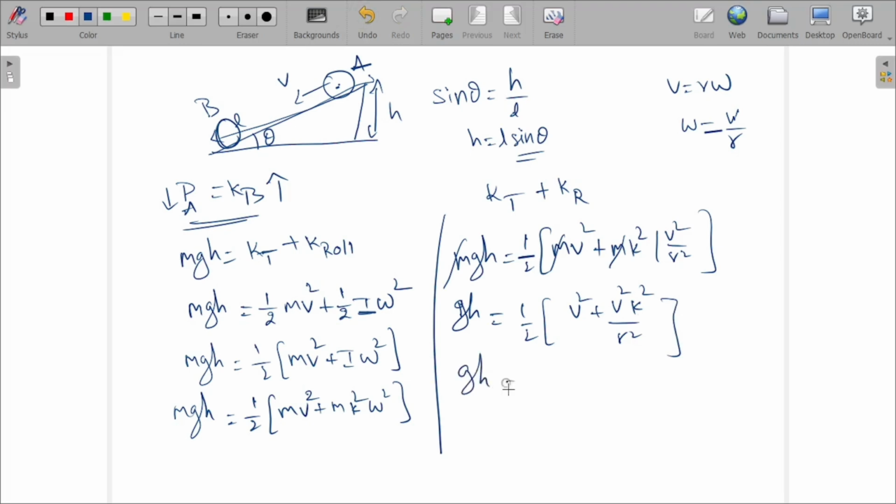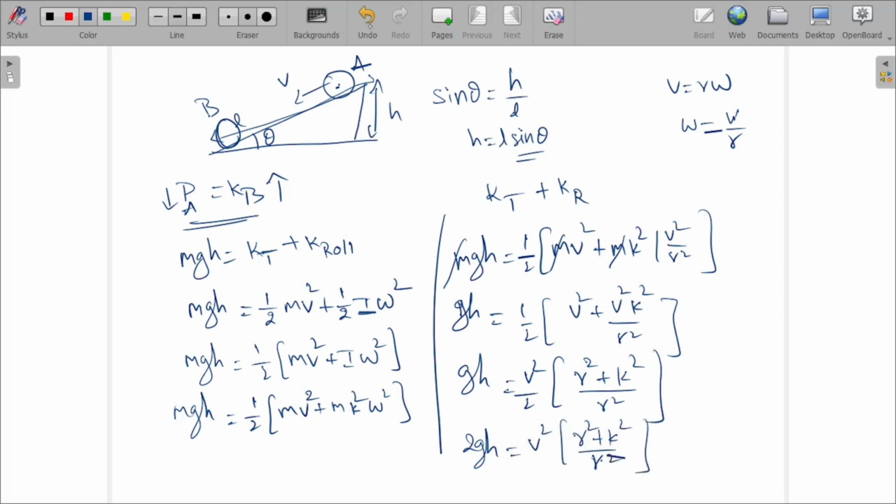So gh equals v square by 2 of 1 plus k square by r square. We want to find v square, so 2 you can take this side, so 2gh equals v square of 1 plus k square by r square.